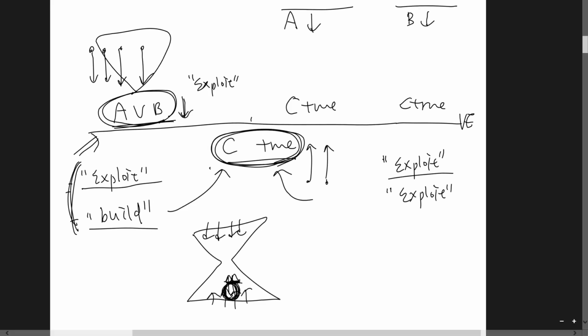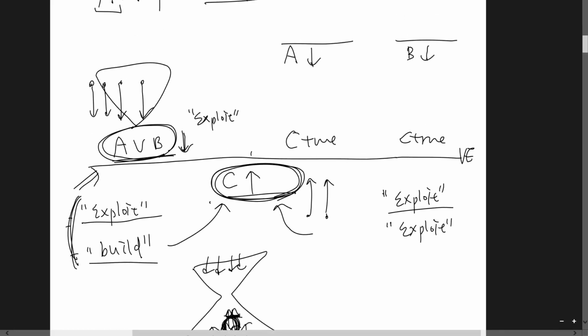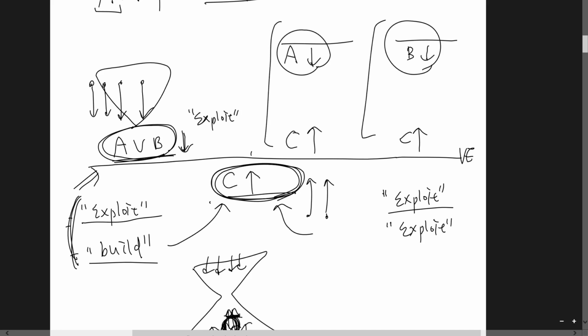So suppose that we'd like to build C true, and now you have to show that you can build C true by exploiting A true, and also you can build C true by exploiting B true. So whichever is the case, you can always build a proof of C true.